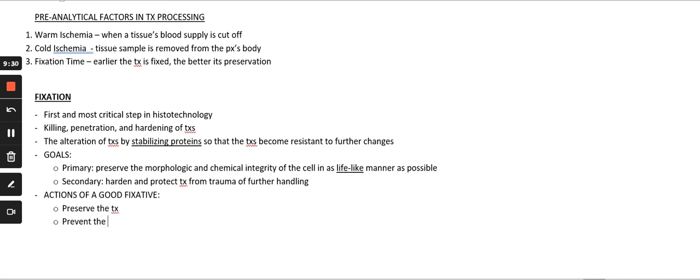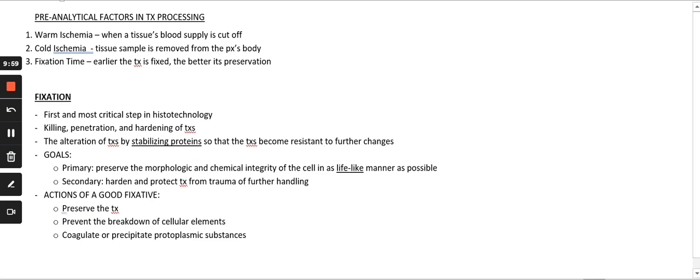Next is to prevent the breakdown of cellular elements. And then the third one is to coagulate or precipitate protoplasmic substances. Again, these three are the actions of a good fixative that we should look at, okay?